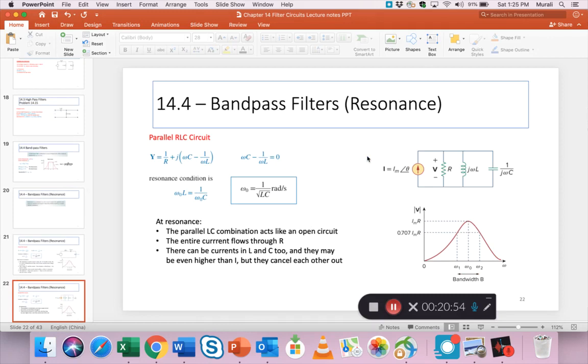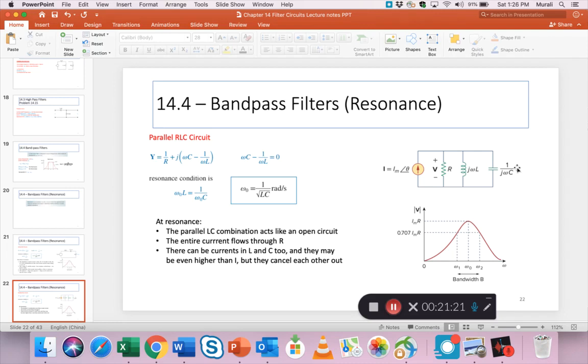What do I have next? Okay, I have a parallel RLC circuit. Same ideas. In this case, though, the j omega L and the j omega C minus 1 by j omega C, they are also there, but they are in parallel, and again they cancel out under certain conditions, and you're left with just a resistance in the circuit.